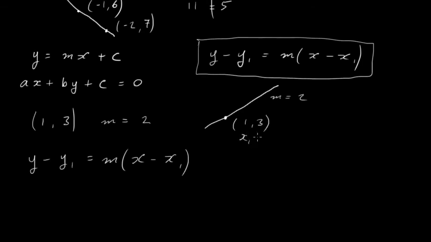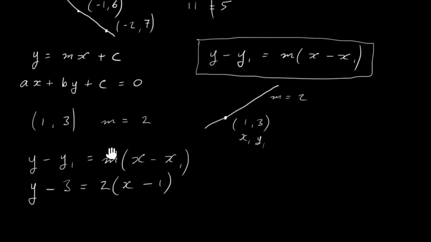So this is our x1, this is our y1, and our m is our slope here. So let's do that. y minus, our y1 is 3, m is 2, and our x1 is 1. So this is the equation of our line here with a point (1, 3) and a slope of m.